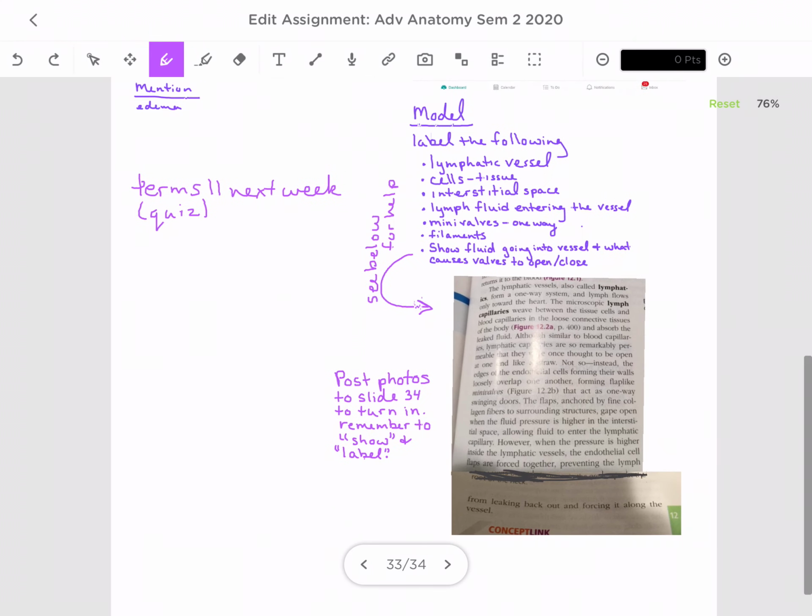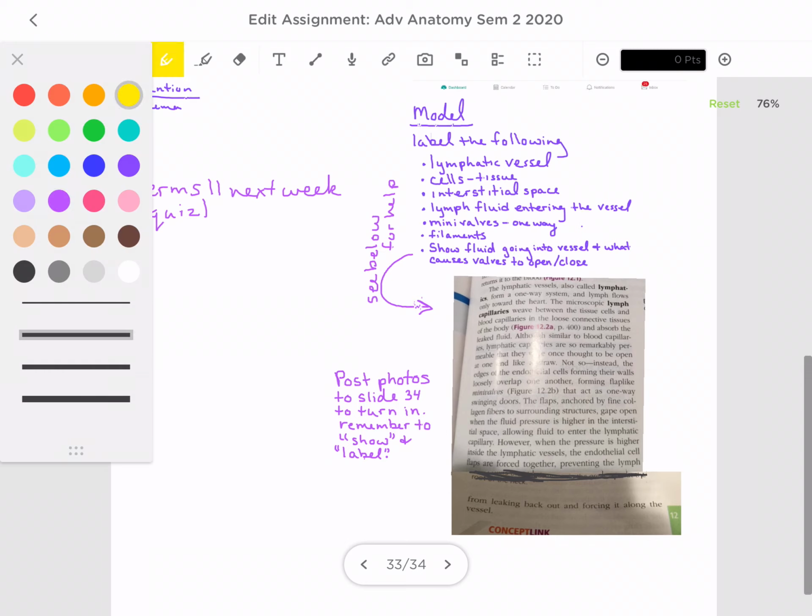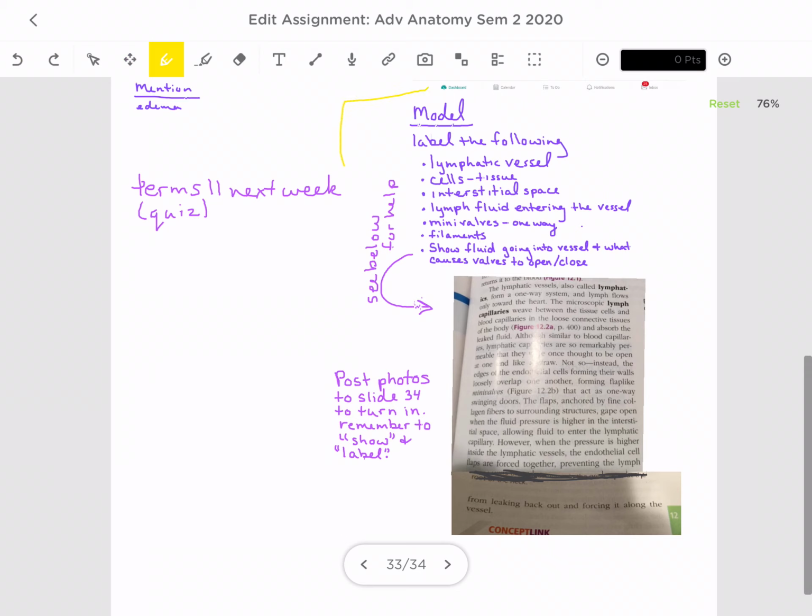Down here at the bottom of slide number 33, I do have your assignment for this week. We use yellow right down here. I will be talking about that in a little bit, but I did want to start by saying I have your assignment down here on the bottom of slide number 33. And it does say to post photos to slide 34 when you're done.